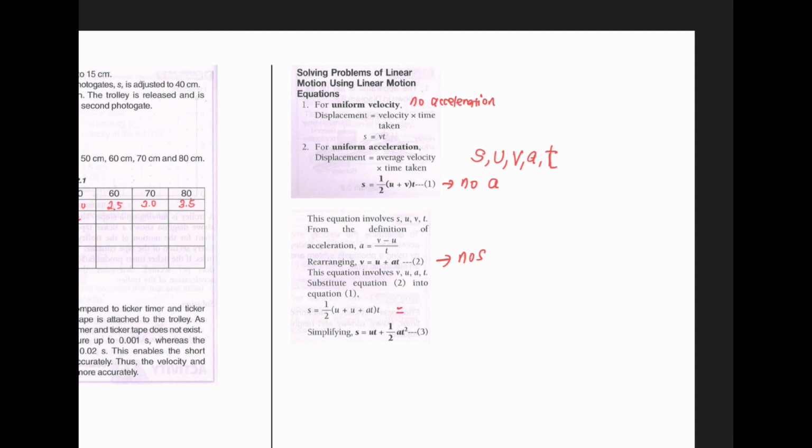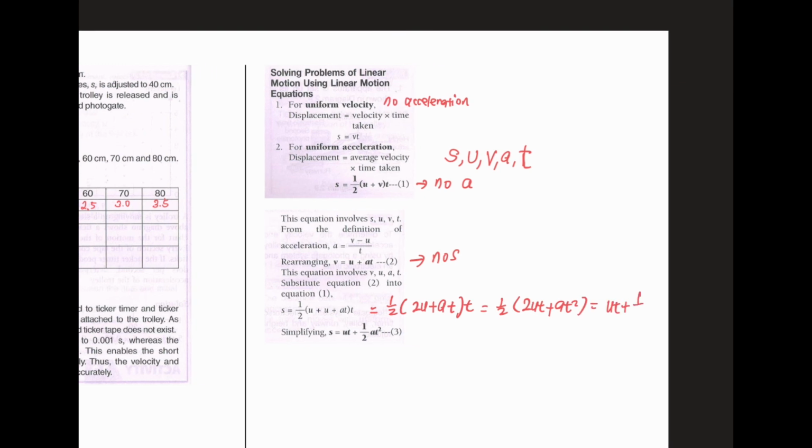Let's say I work out half, 2u plus at, times t, half 2ut plus at square. Now divide by half, become ut plus half at square. So that's why we get the third formula.